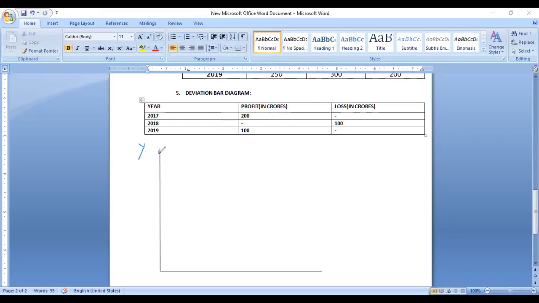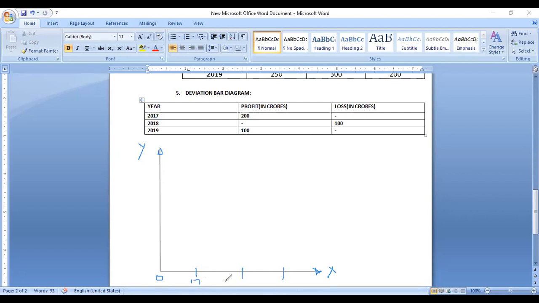As usual, this is Y and this is X axis. Now, 2017, 2018 and 2019.